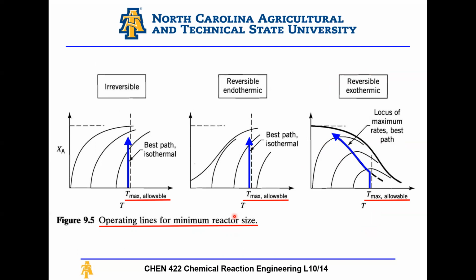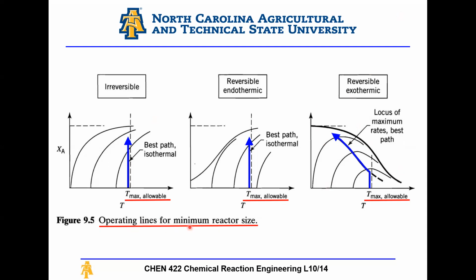Okay, so now let's have a look at 3 main ideas right here. I have three plots, XA versus T. On the left-hand side, I have a plot for the irreversible reaction. In the middle, I have a plot for a reversible endothermic reaction, and on the right, I have a plot for a reversible exothermic reaction.